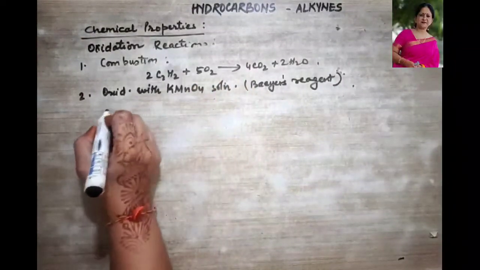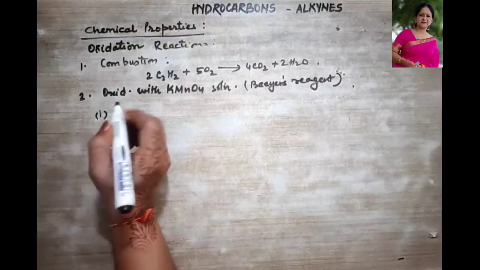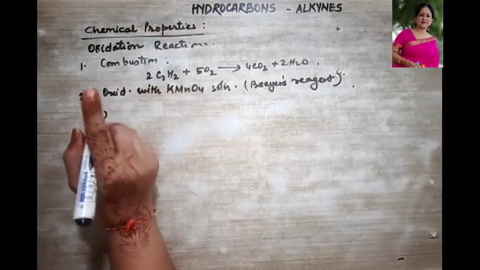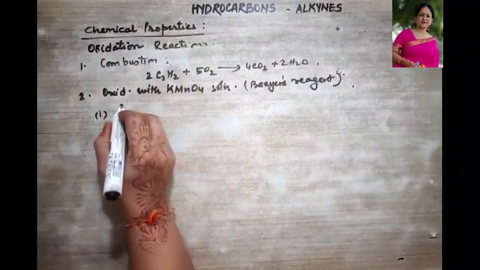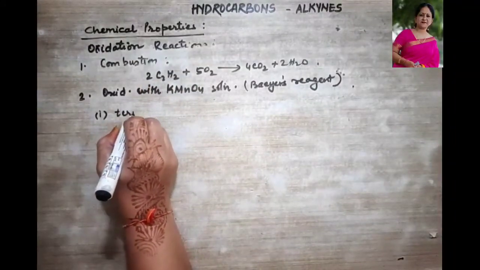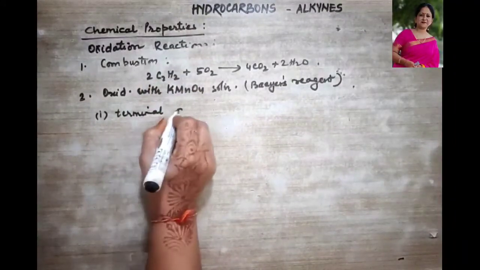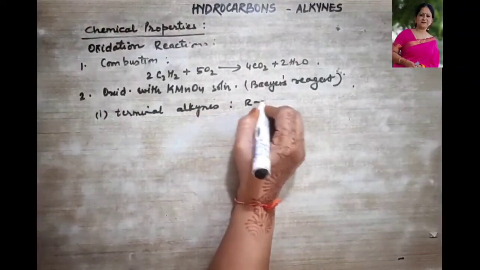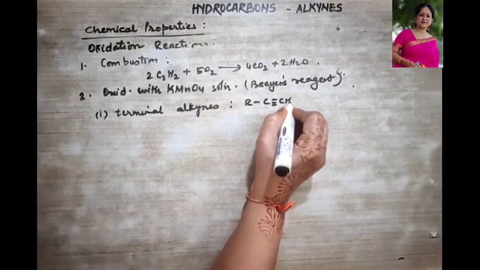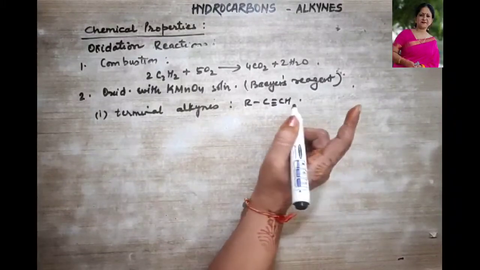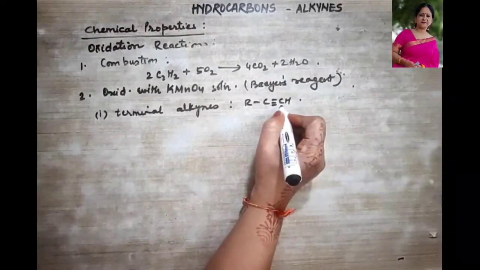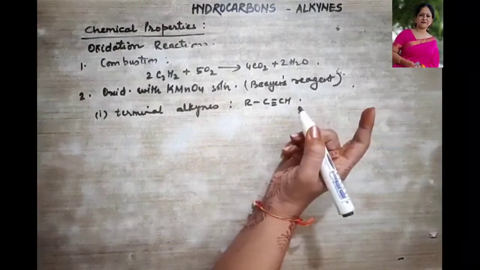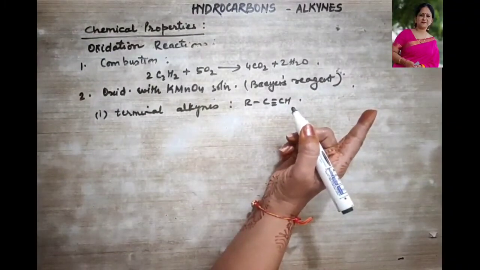For example, let us talk about the first case. In the case of terminal alkynes, what do we mean by terminal alkynes? If you remember, I had taught you just now. Over here, what will happen? The CH is going to get oxidized to an oic acid, right?